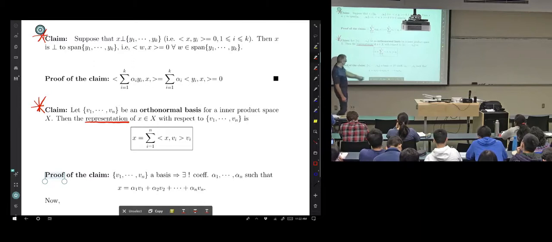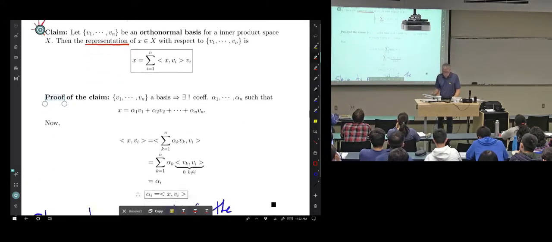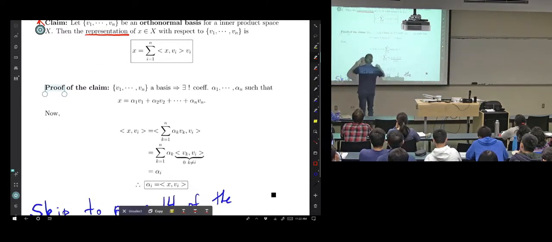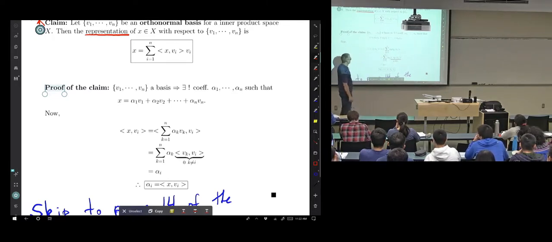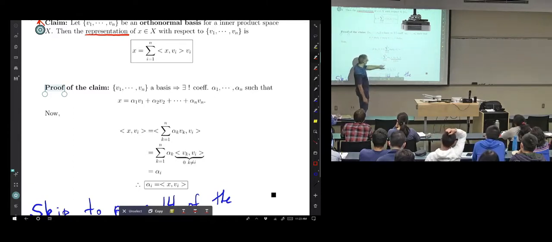And so all you do is you write x as a linear combination of these things, and if you find these coefficients, then you have the representation. And then you just take the inner product of x with individual vectors, and you use the orthogonality until you get down to k and i being equal, and then this gives you 1 because it's orthonormal, and you just pick off the ith coefficient.